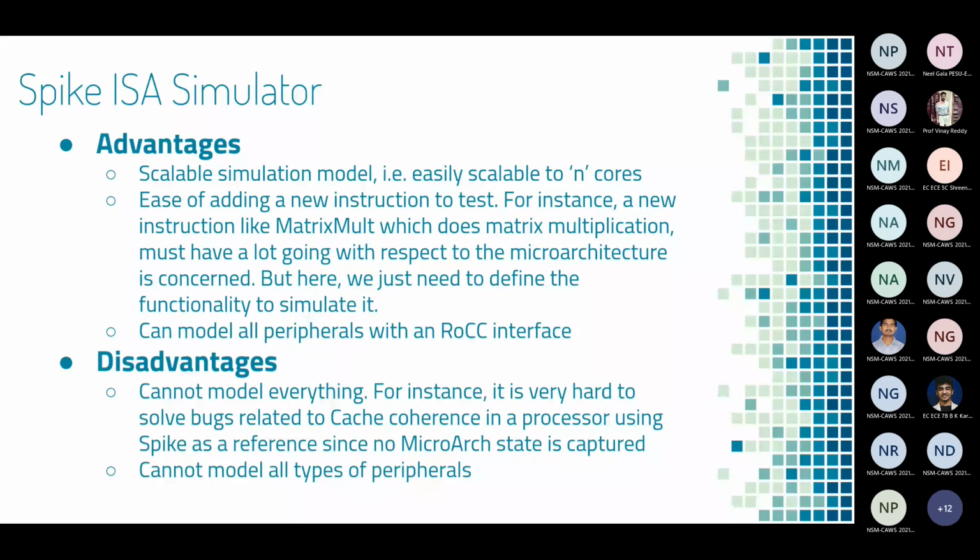Okay, so Spike does have certain advantages. It's a scalable simulation model. It can easily scale to n cores because there is no microarchitectural information there, and you need not worry too much about caches and coherency, because your I cache and D cache are essentially shared across all the n cores. Right? Then the entire Spike is written in C. So if you want to add a new instruction to test, it's very simple.